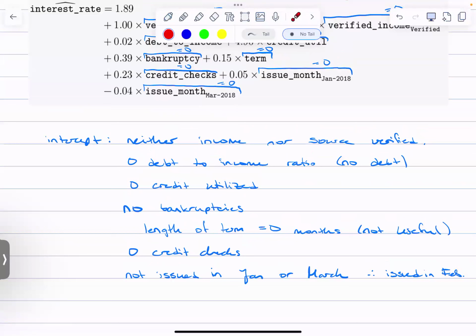A borrower with these characteristics has the predicted interest rate of just the intercept, right? But what we're going to be able to do is look at an individual and predict their interest rate by either adjusting and flipping on and off these income verification switches, or adjusting their debt to income ratio, and I guess I should say, looking at how much credit they're using, right?